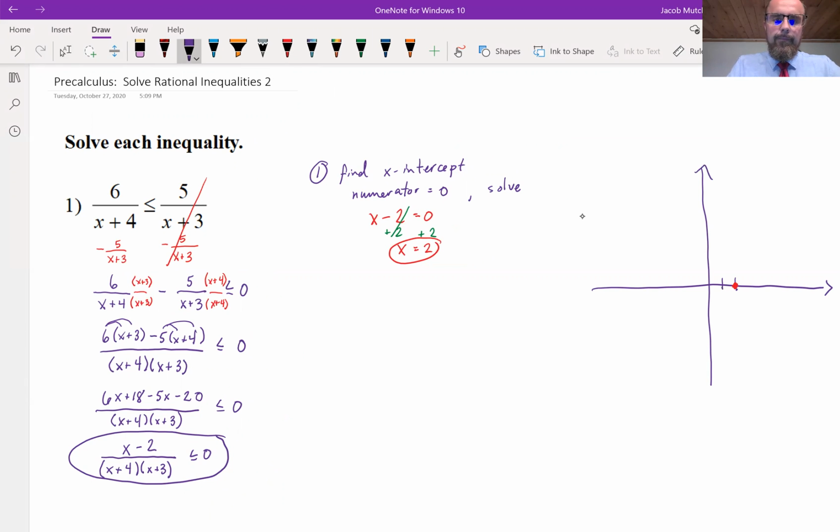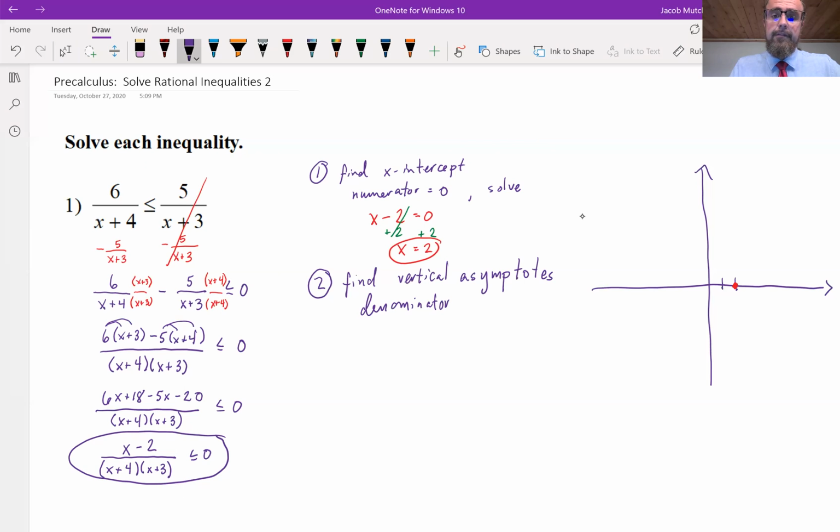The second features that I want to find on the graph are the vertical asymptotes. So I want to find the vertical asymptotes. And like we did for our x-intercepts, I'm going to set now the denominator equal to 0 and solve to find any vertical asymptotes. Remember, vertical asymptotes are places on the graph that are undefined.